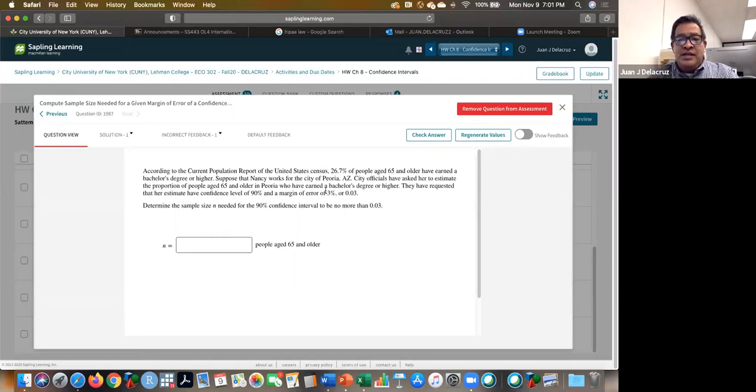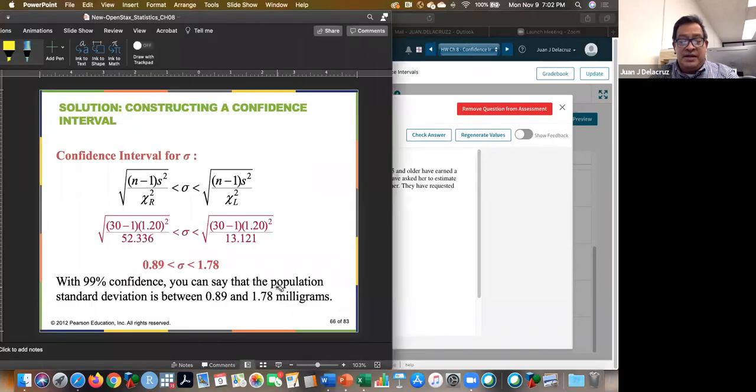Suppose that Nancy works at the city of Peoria, Arizona. City officials have asked her to estimate the proportion of people age 65 and older in Peoria who have earned a bachelor's degree or higher. They have requested a confidence level of 90% and a margin of error of 3%, right? So we have this formula, let me go back.